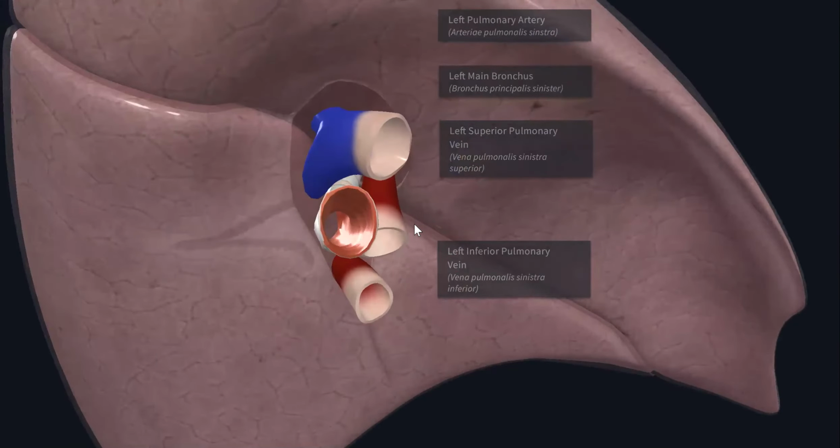So the mnemonic is RALS. In the right lung, the pulmonary artery is anterior to the bronchus, and in the left lung, the pulmonary artery is superior, as you see here. Thank you so much. Good luck.